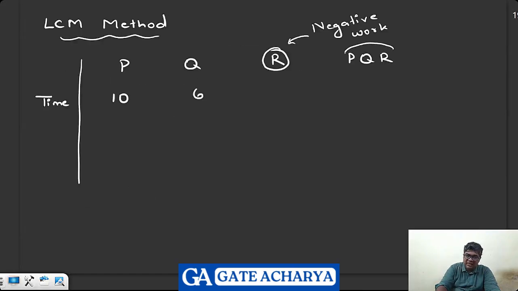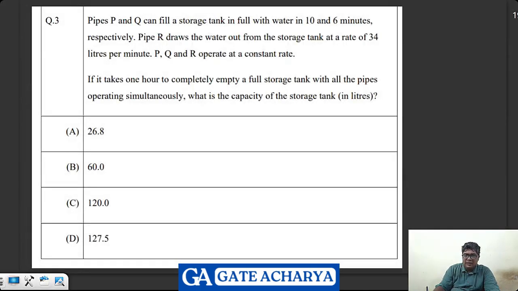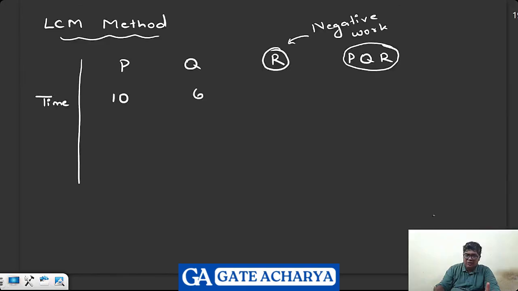Whenever there's a negative work, I always draw a circle like this. Since I don't know R's value, forget this. But this value is known. What is that? 1 hour. 1 hour means how many minutes? Because the others are in minutes, this also has to be taken in minutes. So 60 minutes. You have to keep the same unit.